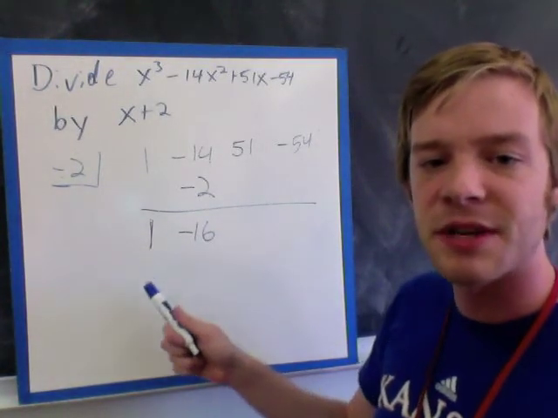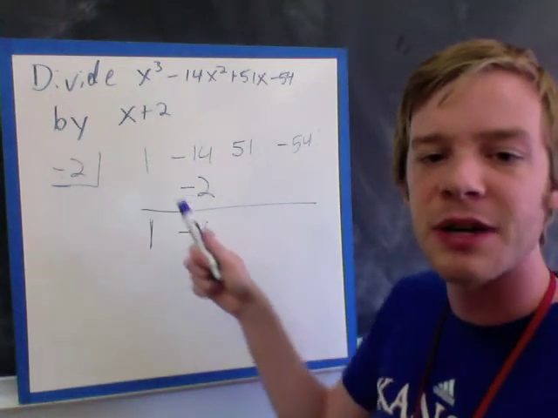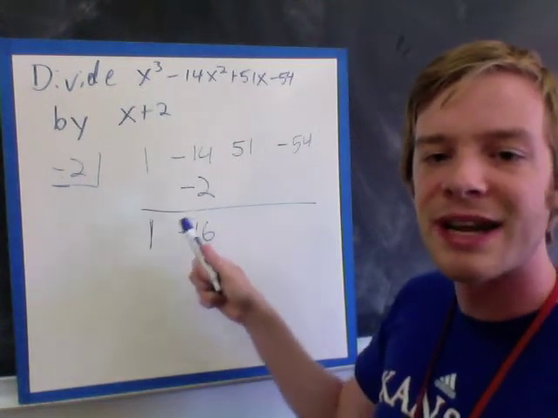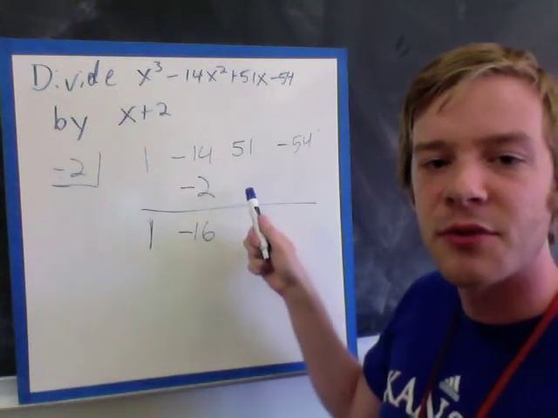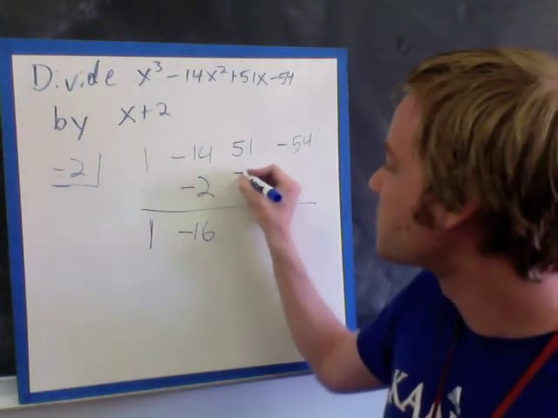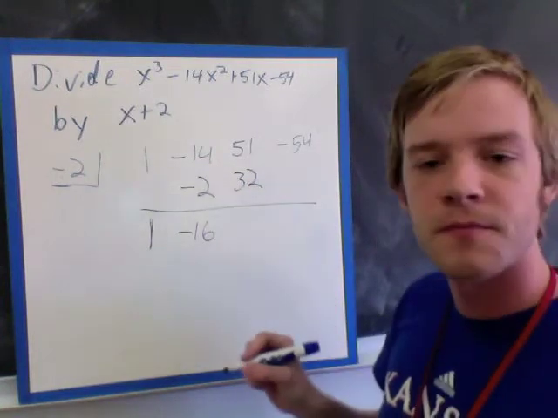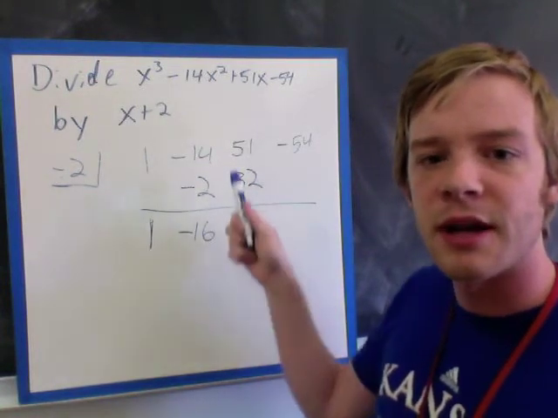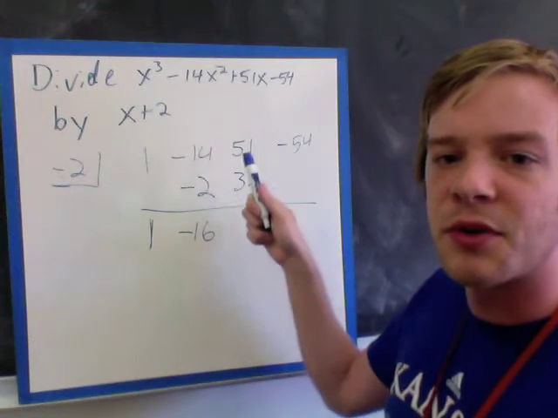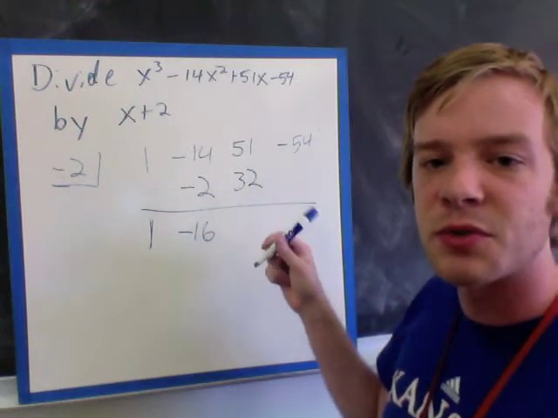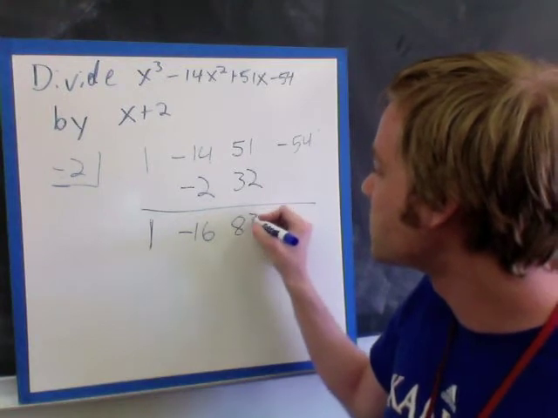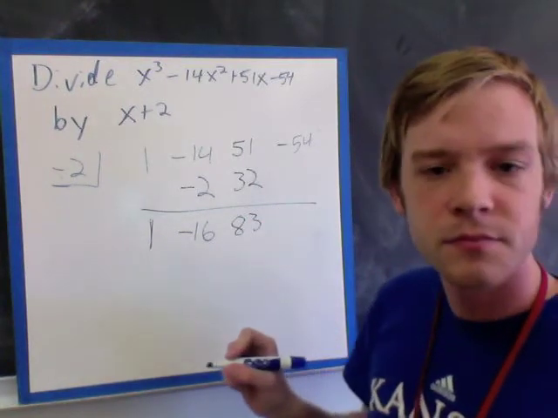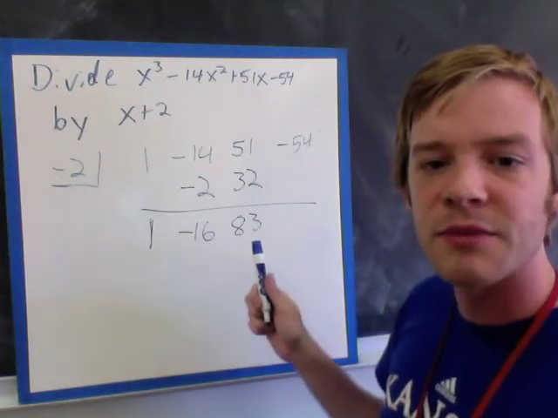Once again, I'm going to follow the same steps. I'm going to multiply negative 2 by what I have on the bottom. So negative 16 times negative 2 will give me a positive 32. And then I just want to add straight down. So 51 plus 32 will give me 83. And then we need to multiply.